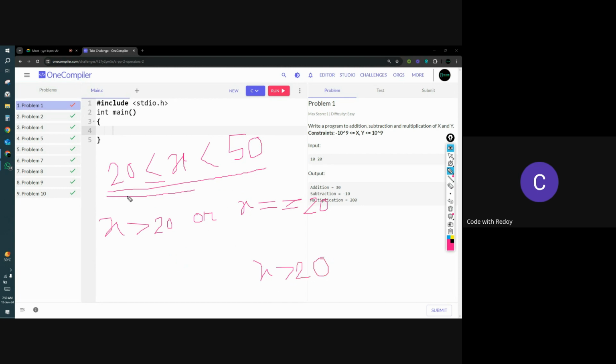But now for the equal part, you need to write x equal 20. That means the value of x can be 20 also. Now the updated range is 20 to 49 for x. Do you understand? Yeah.